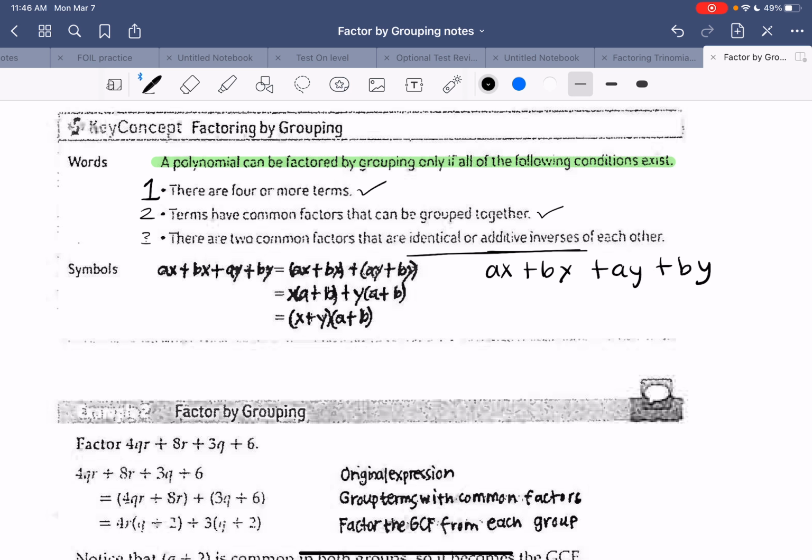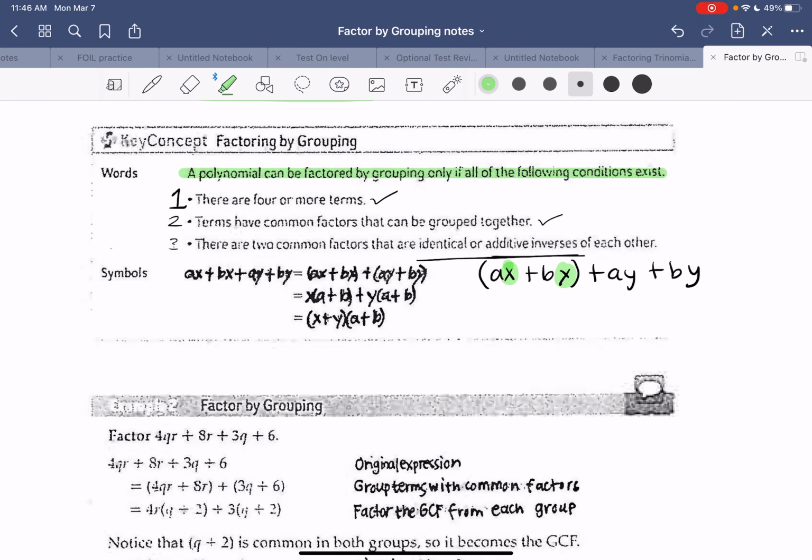So in all, I wouldn't be able to factor a GCF out of these four terms, but what I can do is I can group them. So if I group these two together, these now have a common factor of x, and if I group these together, I get a common factor of y. So when I factor these out, if I factor out an x, I'm left with a plus b. And on this one, if I factor out a positive y, I'm left with a plus b.